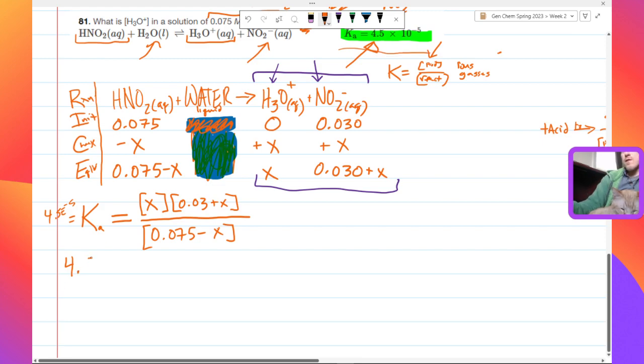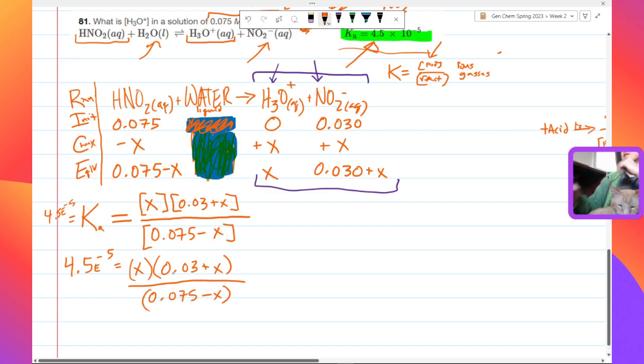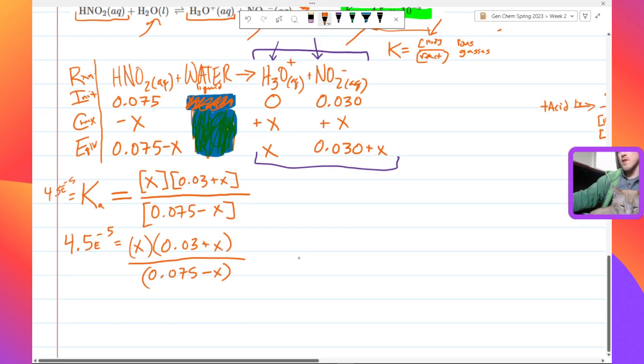So therefore, I'm just going to swap that into this algebraic expression, and I could keep using brackets, but I'm going to switch to parentheses to just make my algebra flow faster. It doesn't really make a difference. The brackets are the way to discuss concentration, but right now I'm just solving for x.